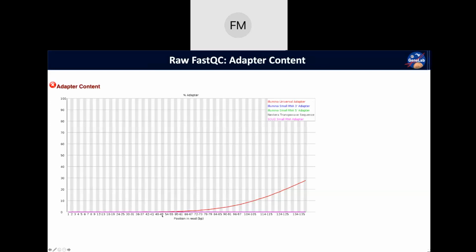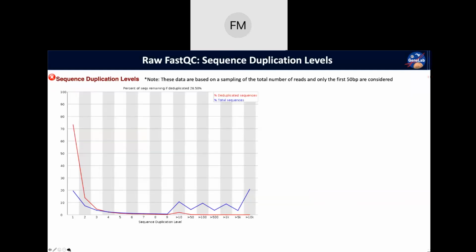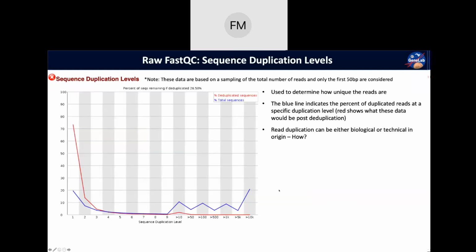And those adapters are the same sequence, with the exception of course of the index, which comes towards the end. So yeah, that could cause duplicates if it's in those first 50 base pairs. Does that answer your question?